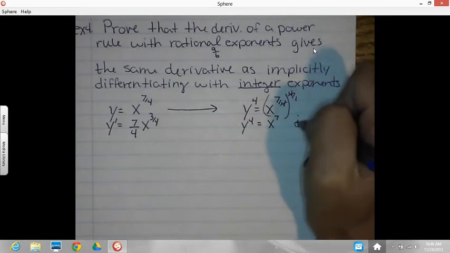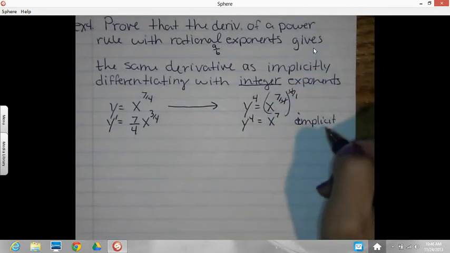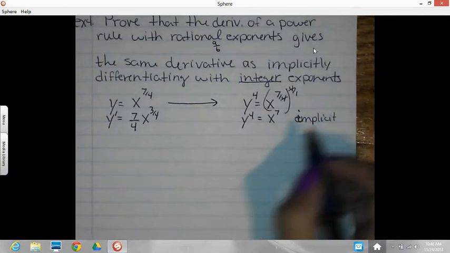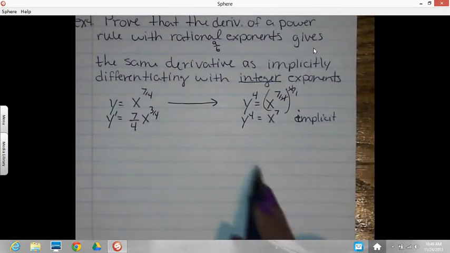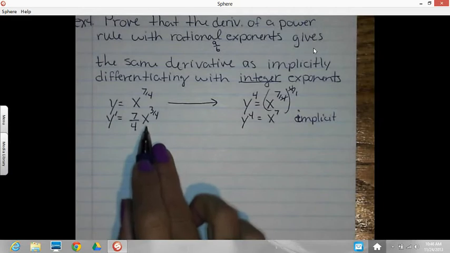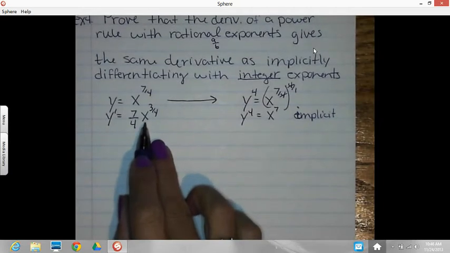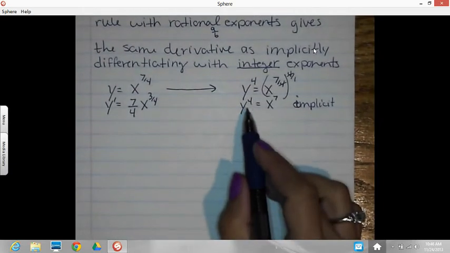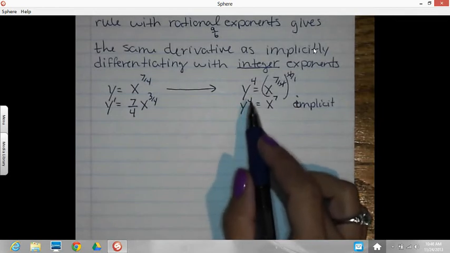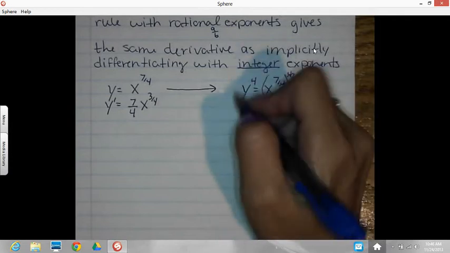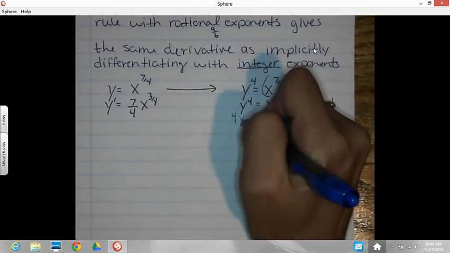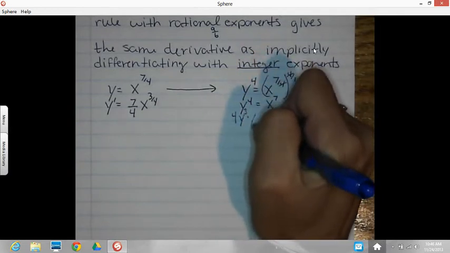So we'll follow our implicit differentiation rules. And once I do derivative here, it's going to take a lot of work, and I want to make it look like this one over here. They have to come out the same. So we just go through and do derivatives normally, and then when I do a y term, I multiply by the y prime. So this is a power rule. So 4y cubed times y prime.